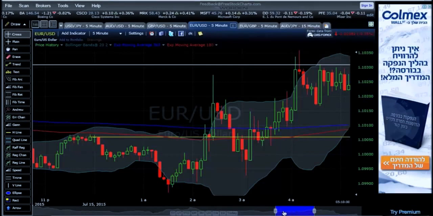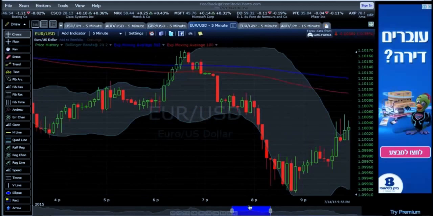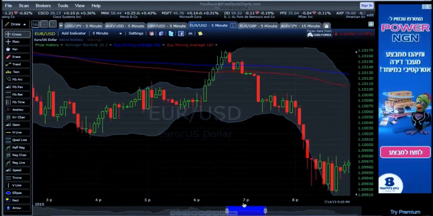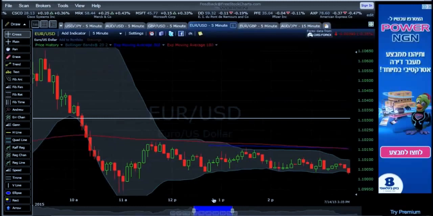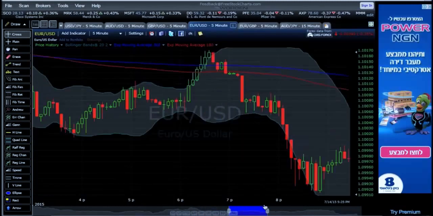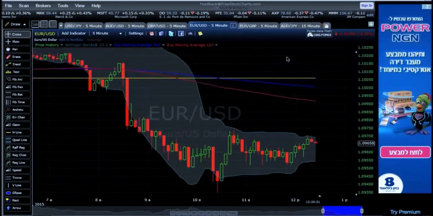So I'm still looking for a nice example for a put trade. Guess I'm not gonna find it on the Euro USD. Let's go for Euro GBP.